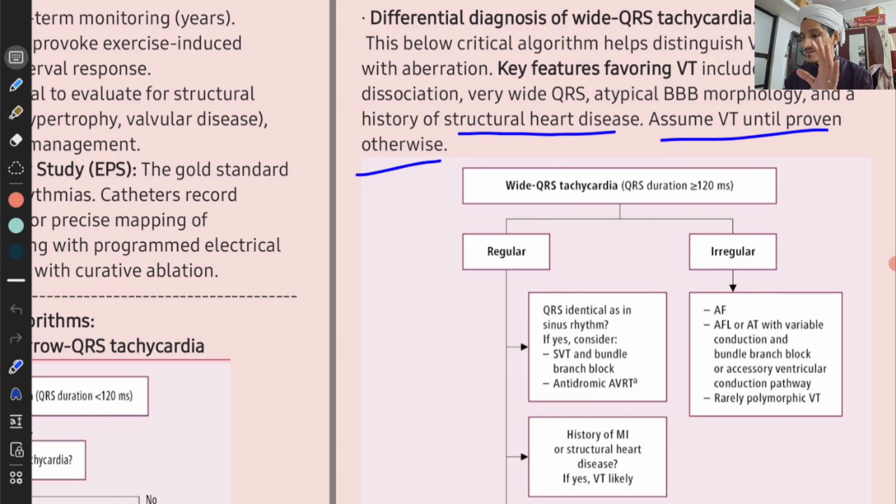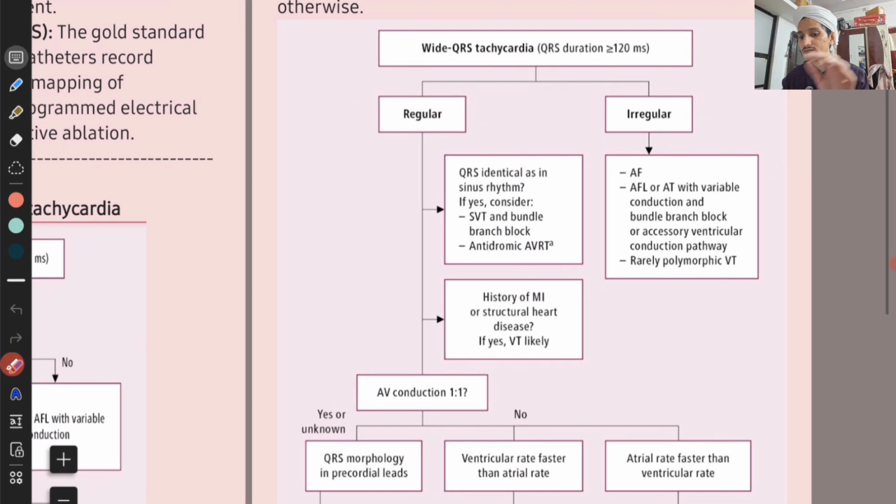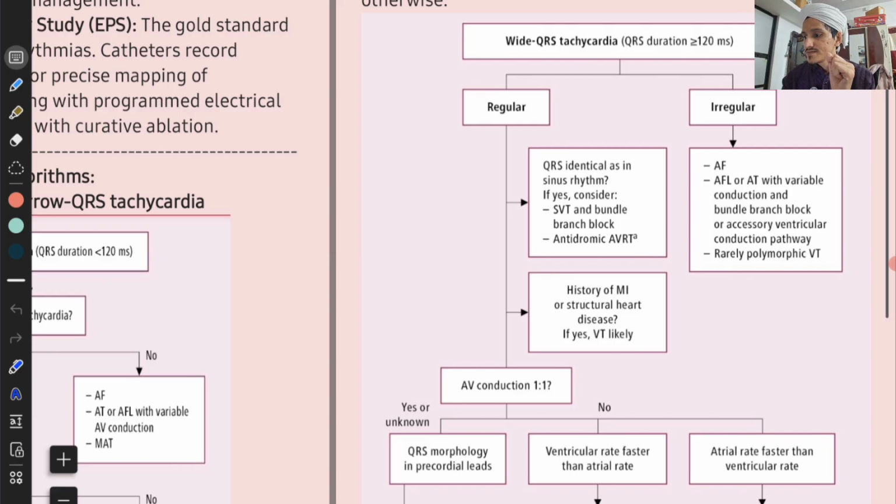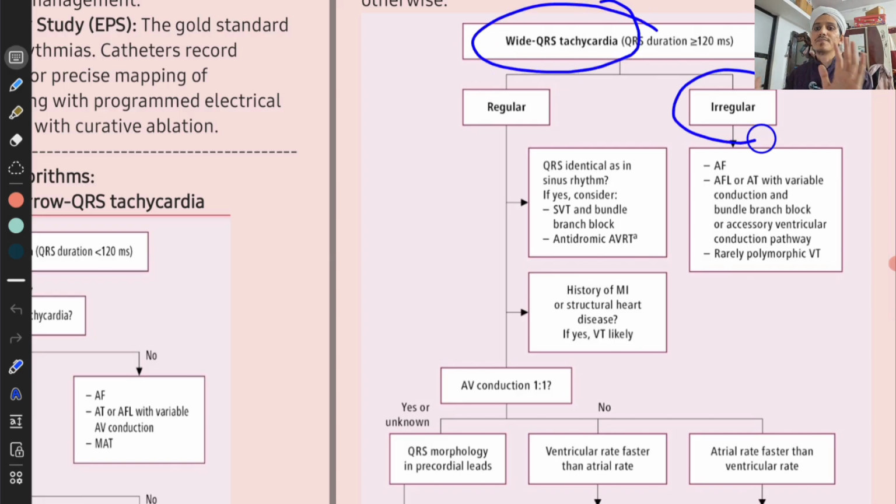When it is regular, one important point here. So we are decoding this one. Wide complex irregular tachycardia, be happy, because it is either atrial fibrillation, atrial flutter or atrial tachycardia with variable conduction or aberrancy, or rarely it is polymorphic VT.